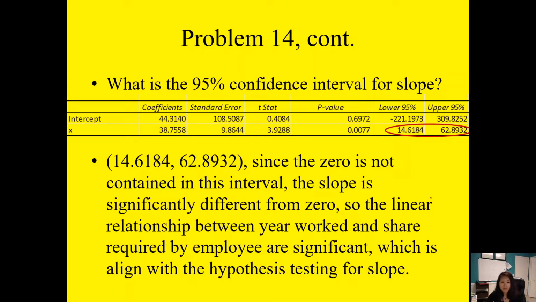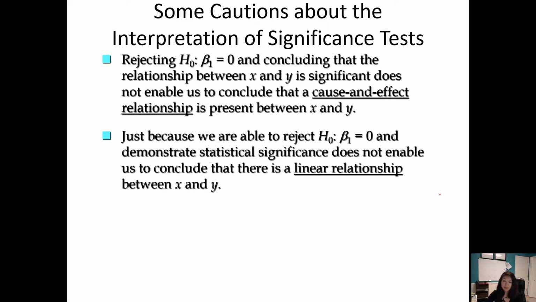The last thing I want to emphasize, as we keep learning more relationships: when x and y have a significant relationship, it doesn't mean x causes y. Proving cause involves a very strict scientific experimental design.